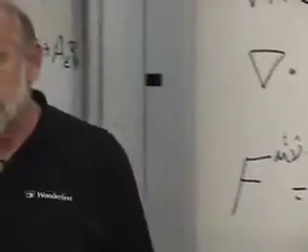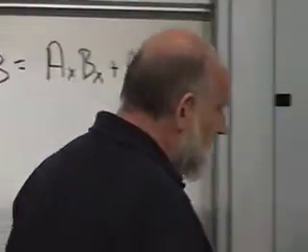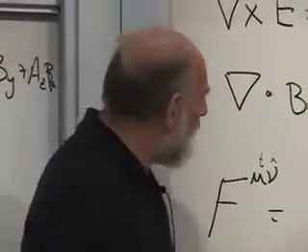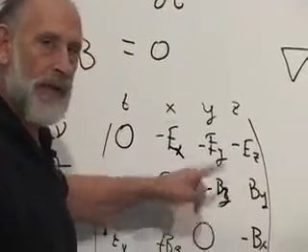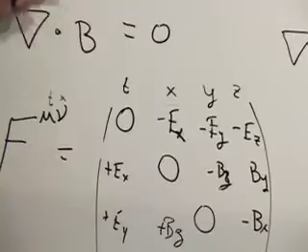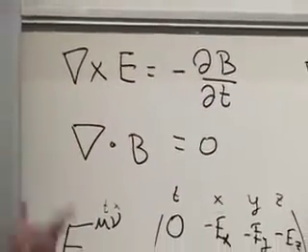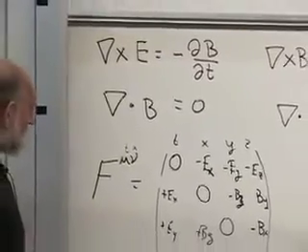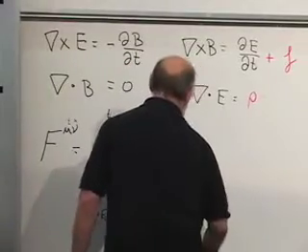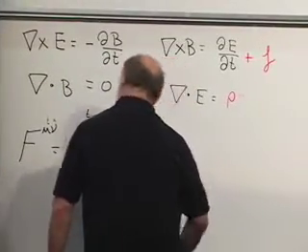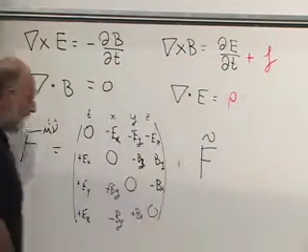There is another tensor that you can make up out of the electromagnetic field. It is made by simply replacing electric field by magnetic field and magnetic field by electric field. We look at these equations and we see that the electric field and magnetic field occur almost symmetrically. So it might not be a great surprise that there's another tensor. It's usually called F with a little twiddle on top of it.